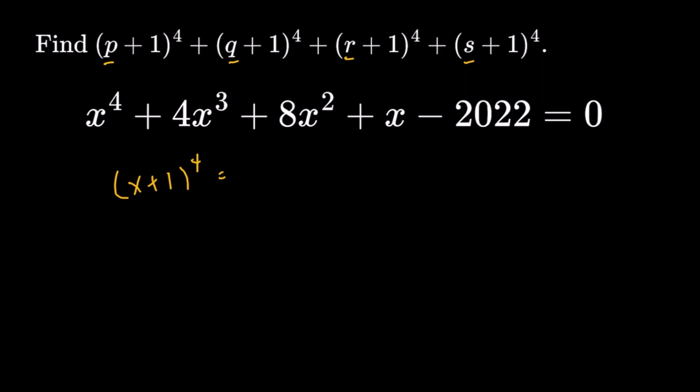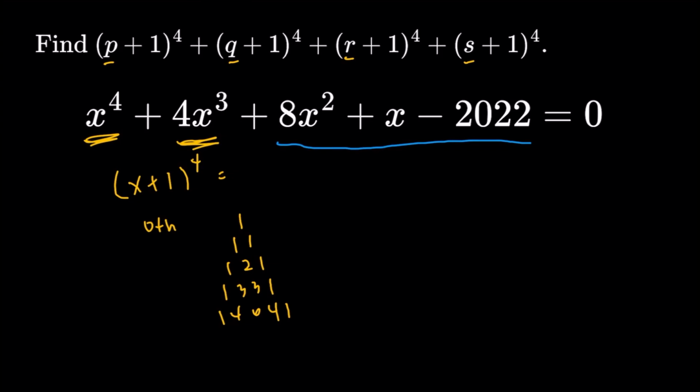Now in fact, if you visit Pascal's triangle, with the convention that the first row is the 0th row, so the 0th row will be the 1, if we visit the fourth row, we're going to see that it's 1, 4, 6, 4, 1. It's pretty nice that we have the 1 and 4 here, so we could try to manipulate it to look like this.